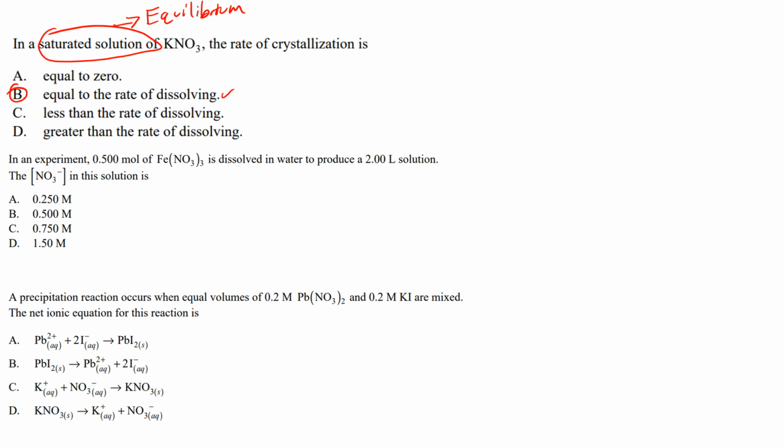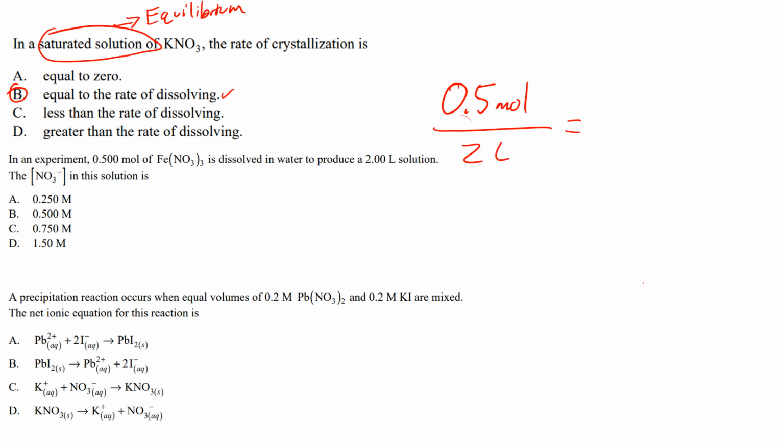In an experiment, 0.5 moles of Fe(NO3)3 is dissolved into 2 liters of water, and it's asking me the concentration. So for this one, I have 0.5 moles in 2 liters of water.